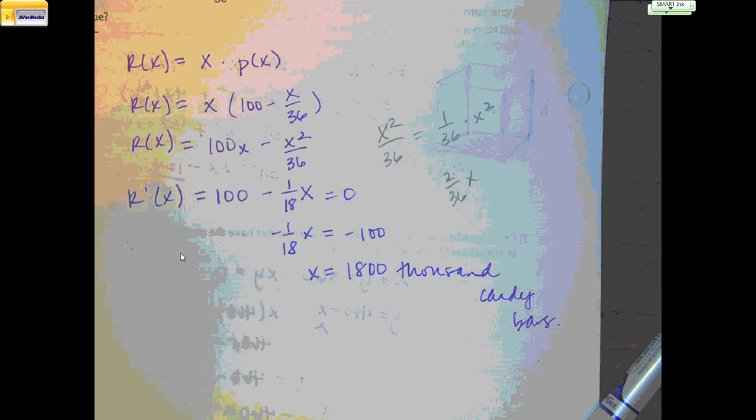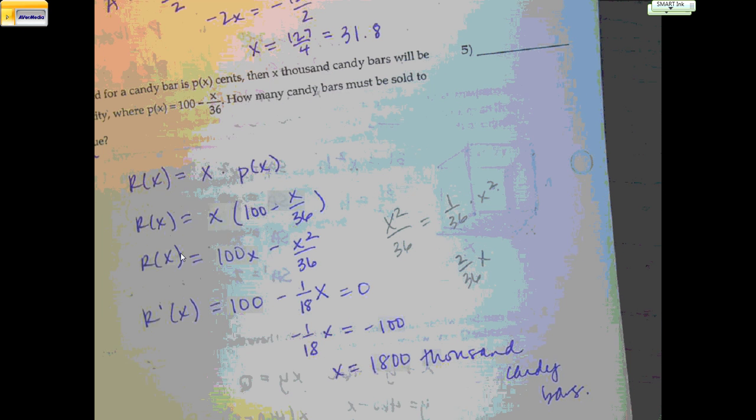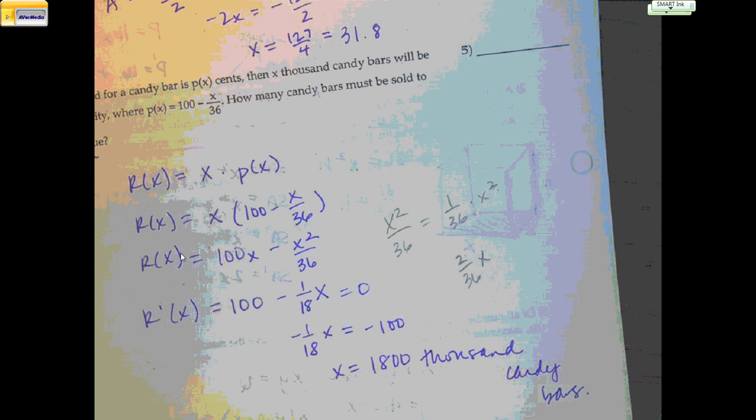Let me double check that really fast before I say this wrong. I don't know if I have the answers here somewhere. I don't. So you're saying we use 1,800? The answer key says that's what x comes out to, so it's got to be 1,800,000.